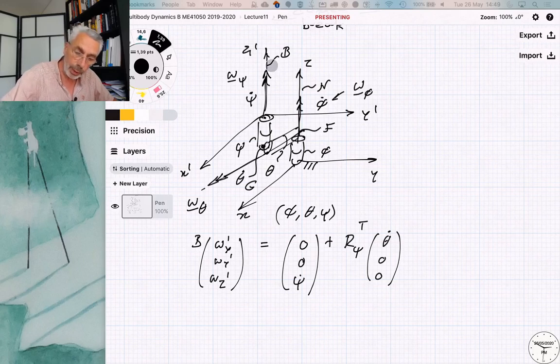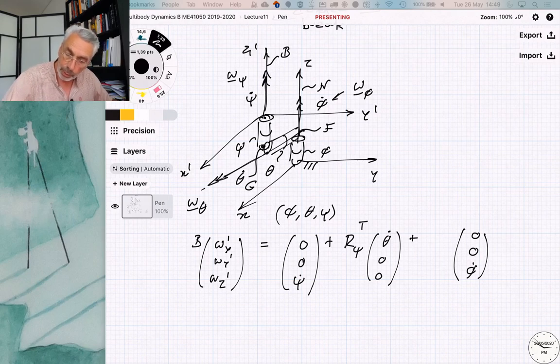So the R phi backwards. Okay, and then the last one, of course, is this hinge, and that's a rotation about the z-axis again, 0, 0, phi dot. But now we have to go twice back. We have to go through theta backwards and through psi to get in this coordinate system. So we have to get back through theta, and we have to get back through psi.